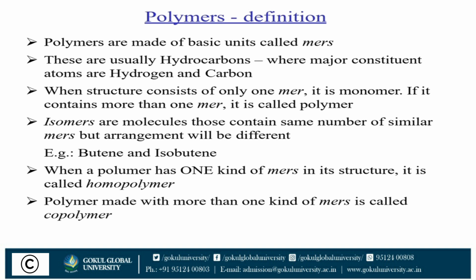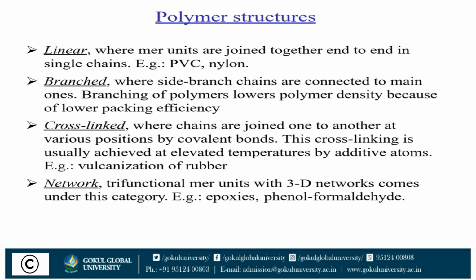When the polymer has one kind of mer in its structure, it is called a homopolymer. A polymer made with more than one kind of mer is called a copolymer. Polymer structure may be linear, branched or cross-linked. Linear means the units are joined together end to end. In a branched structure, side chains are joined to the main chain, and in a cross-linked structure chains are joined one to another at various positions by covalent bonds.